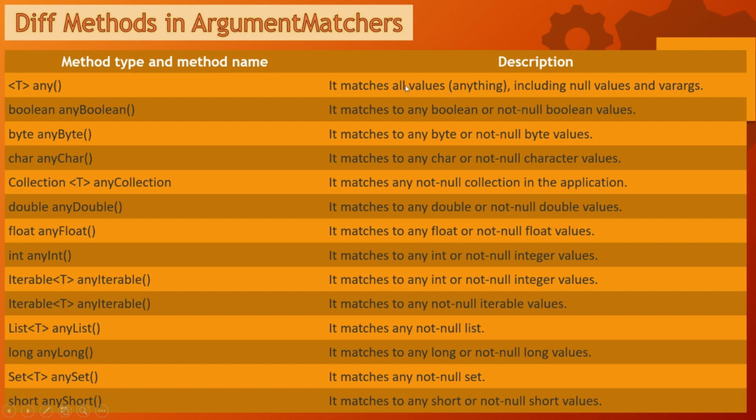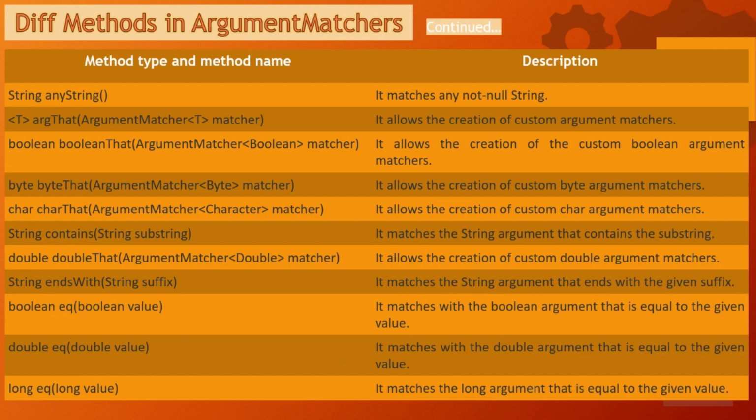We have any, which matches all values, anything, including null values and varargs. We have anyBoolean to match boolean values, and we have anyByte, anyChar, anyCollection, anyDouble, anyFloat, anyInt, anyIterable, anyList, anyLong, anySet, and many more.